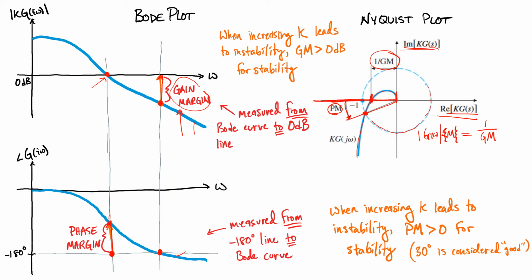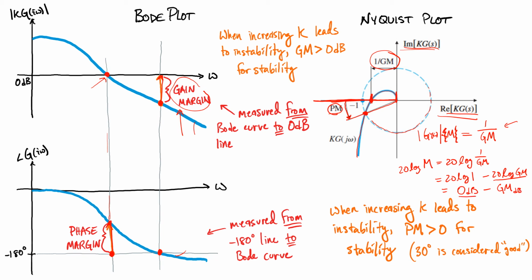The dB magnitude is 20 log of m, and that's 20 log of 1 over the gain margin by our definition. If we use our log rules, we can rewrite that as 20 log 1 minus 20 log GM. This ends up being 0 dB, and this is just the gain margin in decibels, so I'll call it GM sub dB.